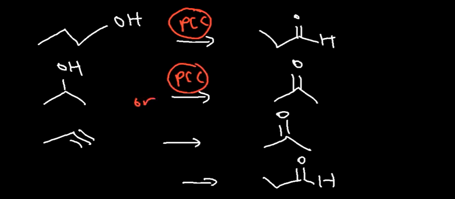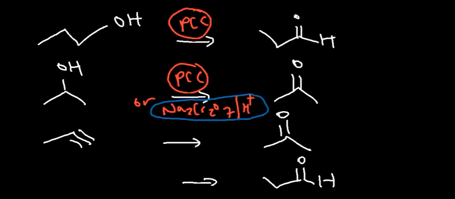You can also use a strong oxidizing agent like sodium dichromate with sulfuric acid or some sort of acid catalyst. But I think PCC gets the job done. By the way, if you use this on a primary alcohol, in this case, that compound, it will oxidize it to a carboxylic acid. So if you just want to make aldehydes and ketones, PCC is the reagent of choice.